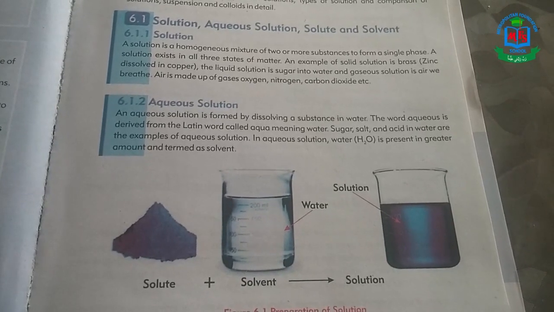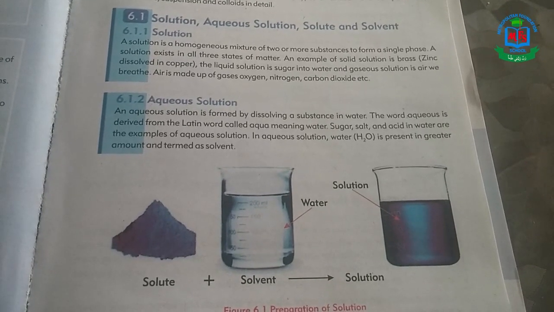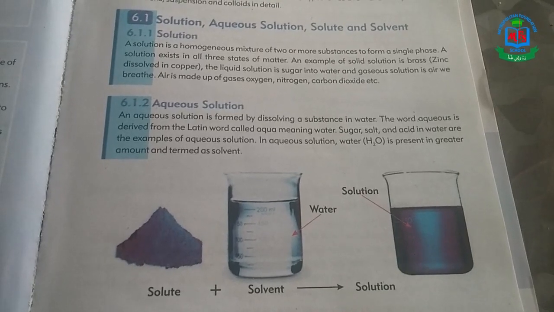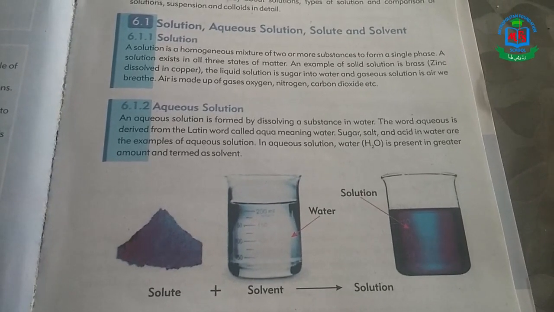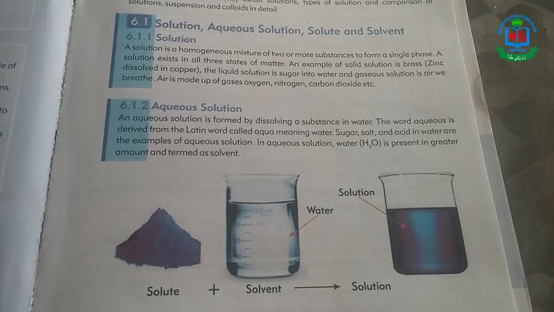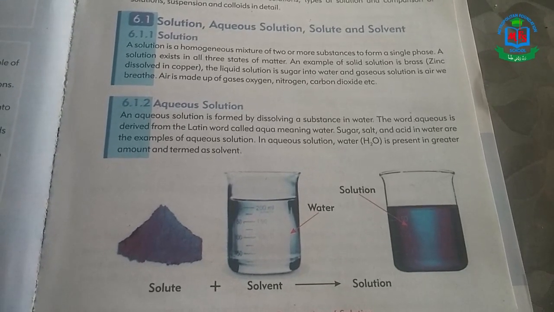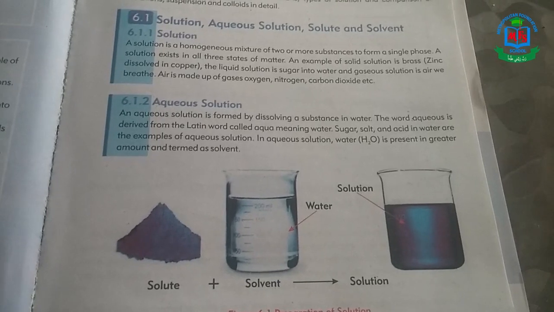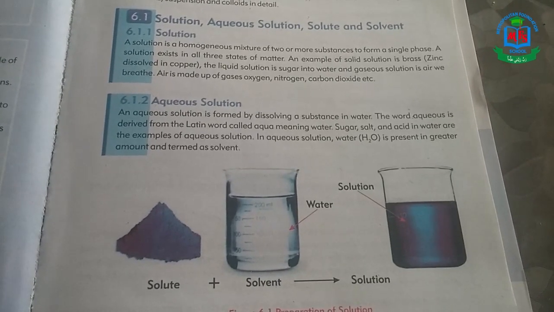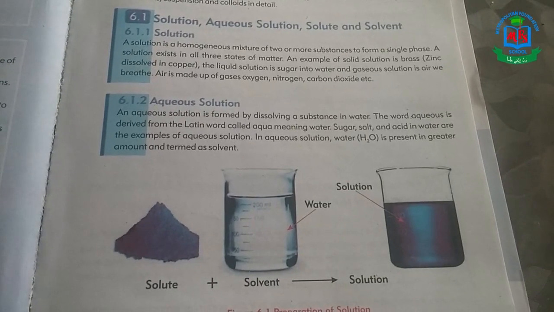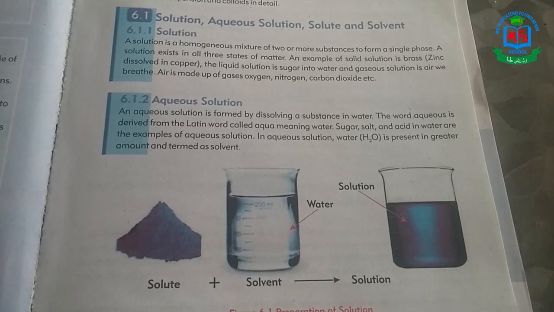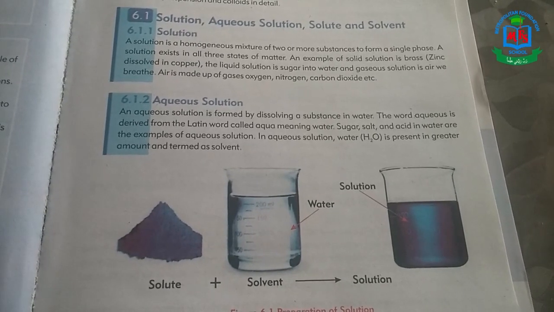Now, the next term that is used in this chapter is solute. First of all, we understand what is solute. Solute is a component of solution and it is present in small quantity in solution.